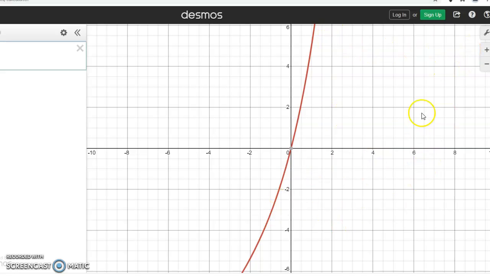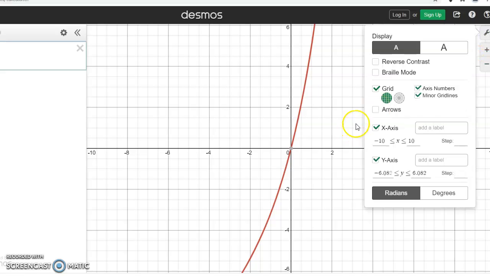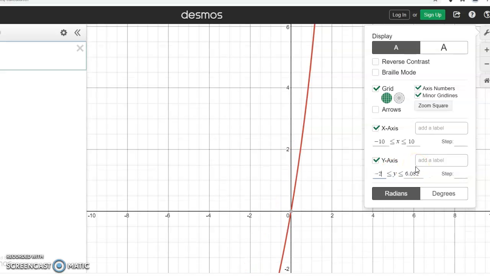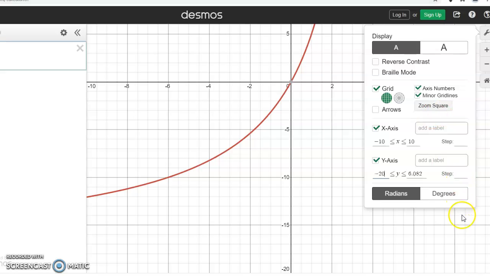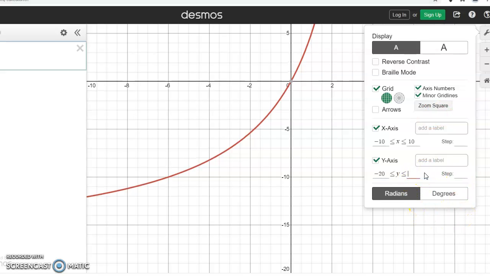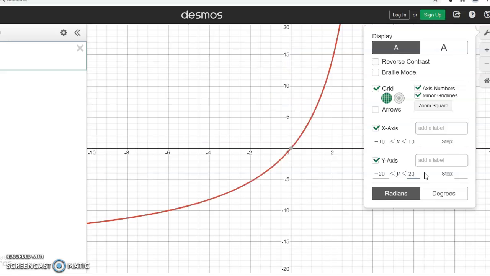I'm probably going to need to change my window. So we'll click this little wrench over here, and the y-axis probably needs to change so I can see more of the graph of this. So I'm going to change it to -20 and +20 and see what that does to help me see more of the graph.